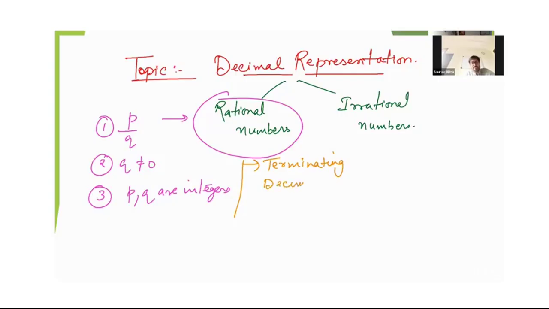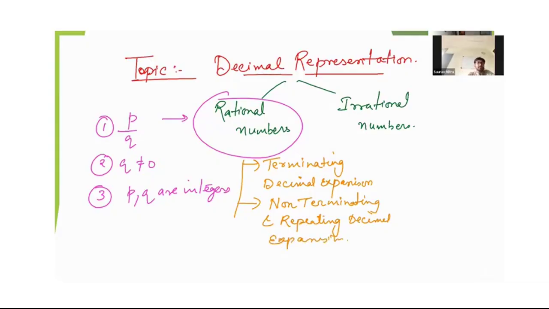The rational number will have a terminating decimal expansion, or a non-terminating and repeating decimal expansion. So we will now understand what these terms mean.